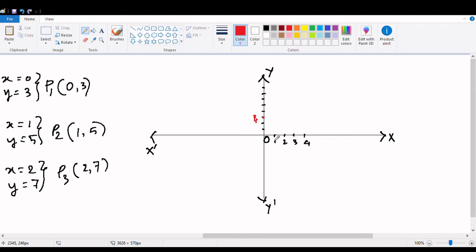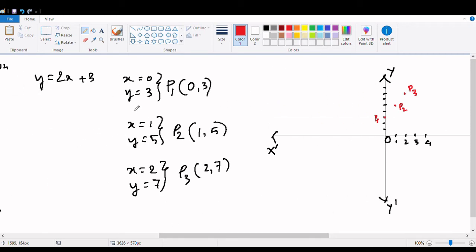So 1 and 5 means 1, 2, 3, 4, 5. Here, this point is P2. And what is P3? 2 comma 7. This is 5 already, you know, so 6 and 7. That means here. This point is P3.